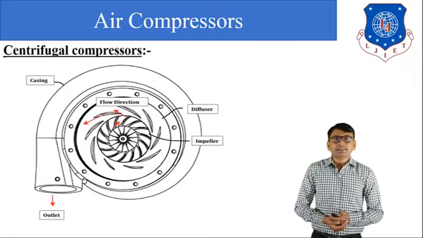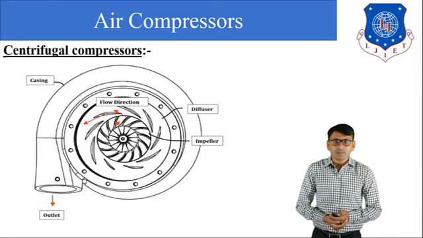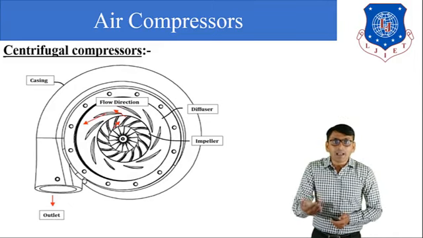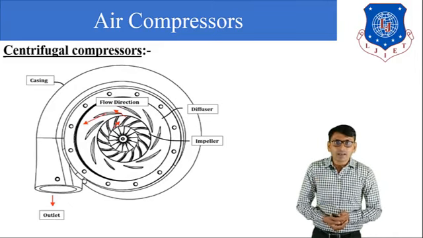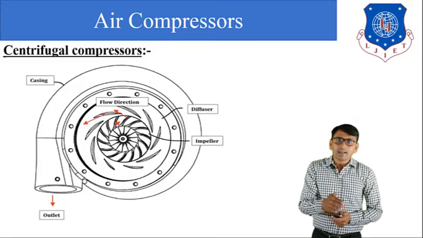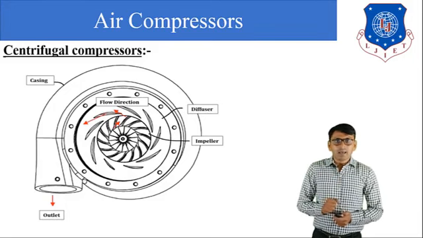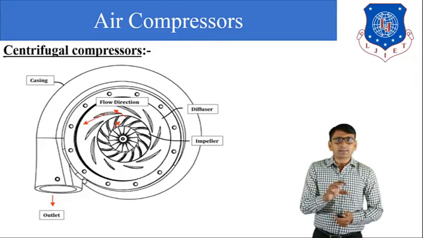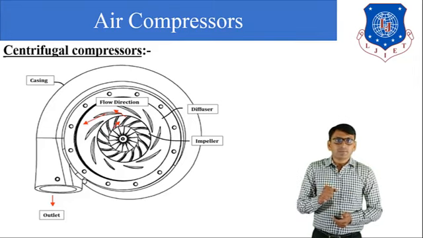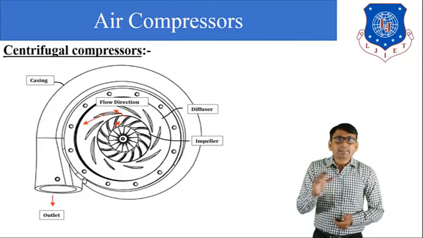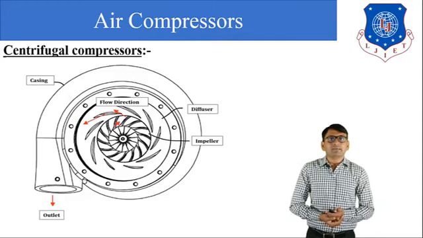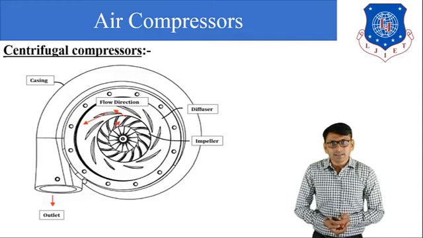So first one, centrifugal compressor. The main parts of a centrifugal compressor are casing, impeller, impeller blade, diffuser, diffuser ring, etc. Now, in a centrifugal compressor, the impeller shaft is connected with some external rotating device.